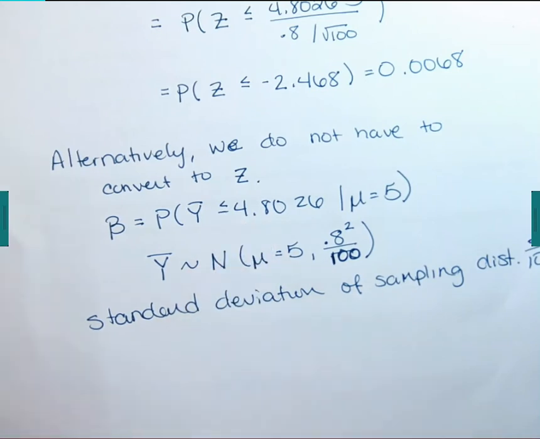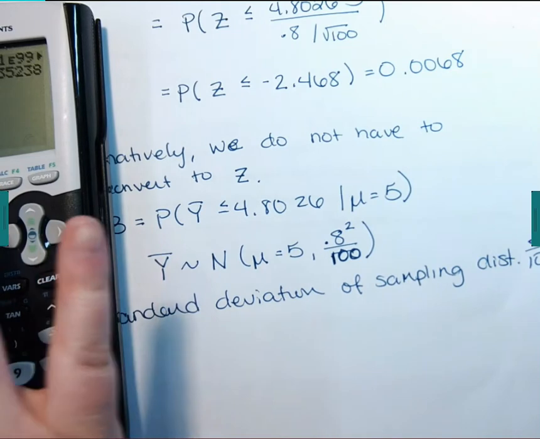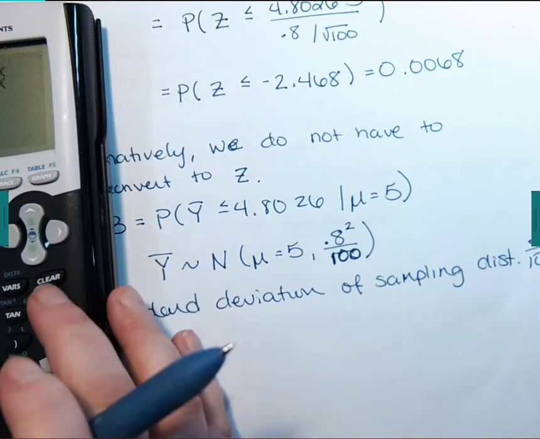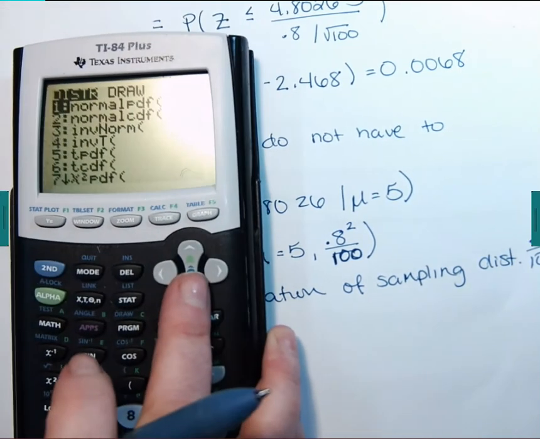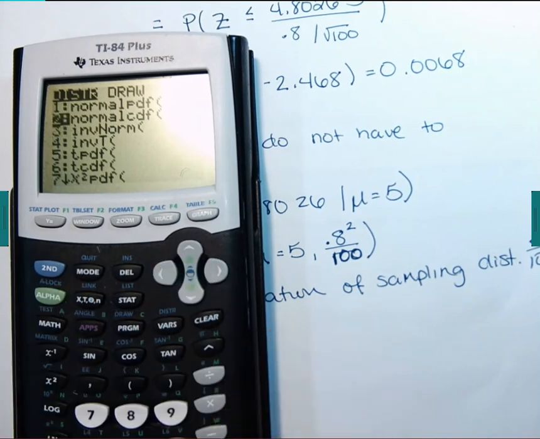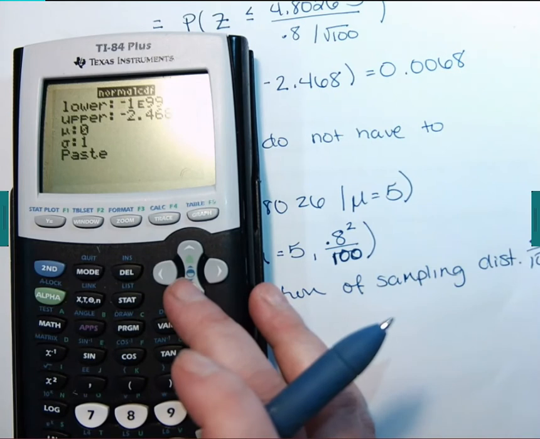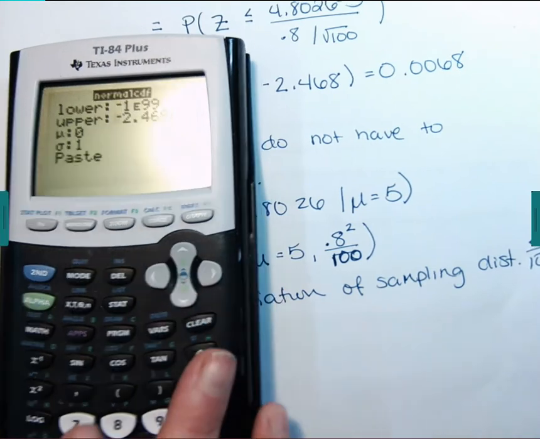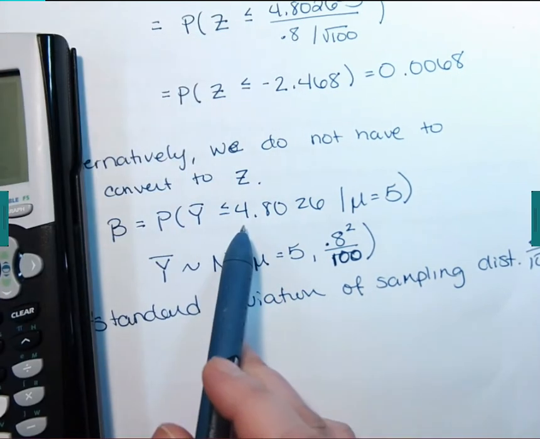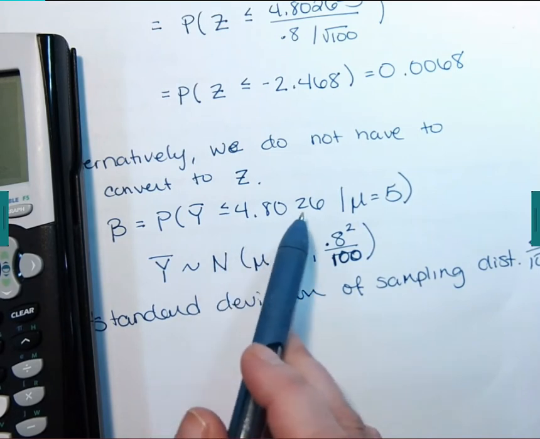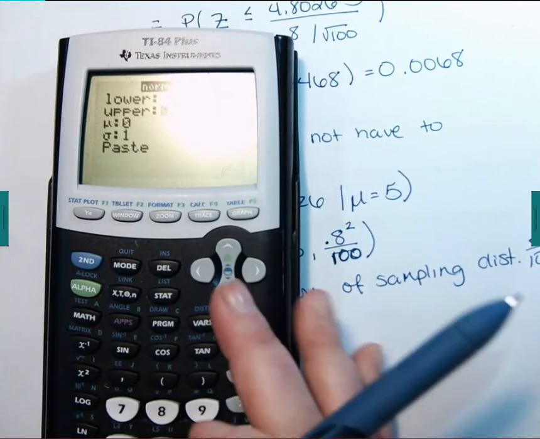To do that, in our calculator, again, we're going to use the normal CDF. We're still going to have the lower bound of negative infinity, but now we're going to work directly with the sampling distribution. So this is going to be our upper bound.